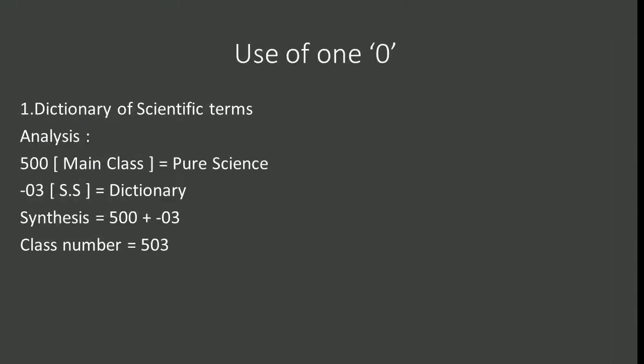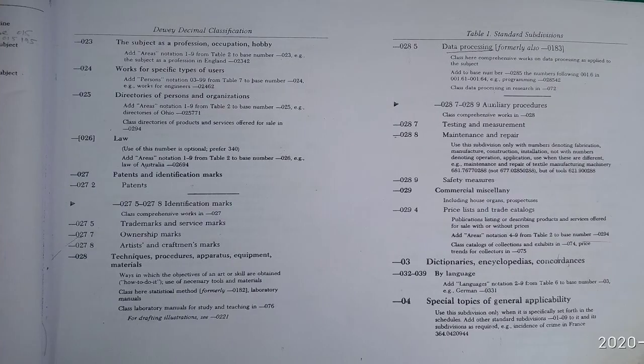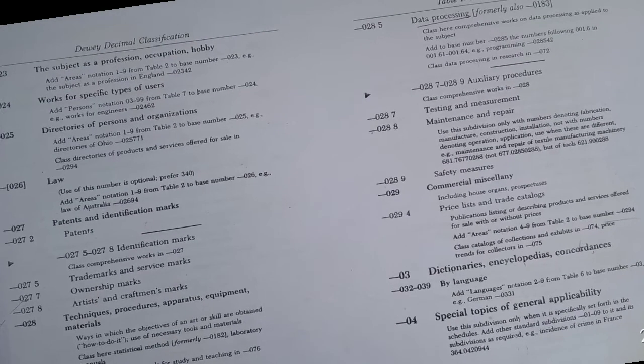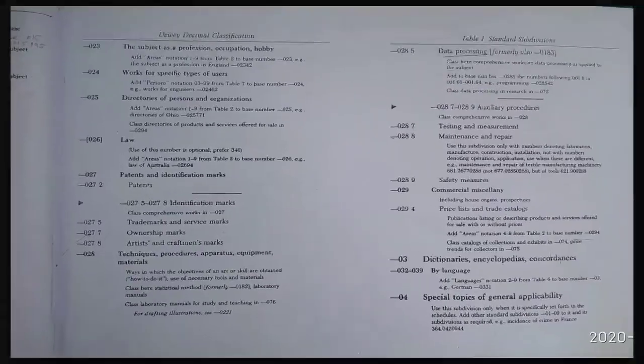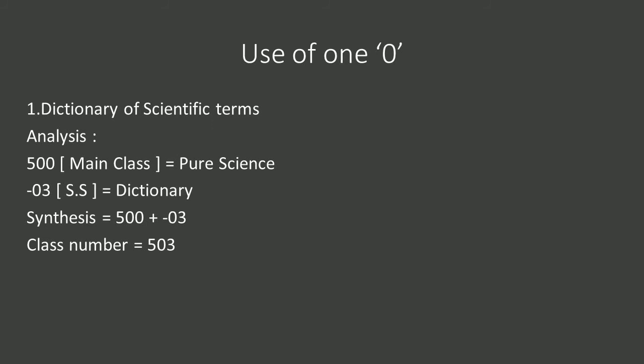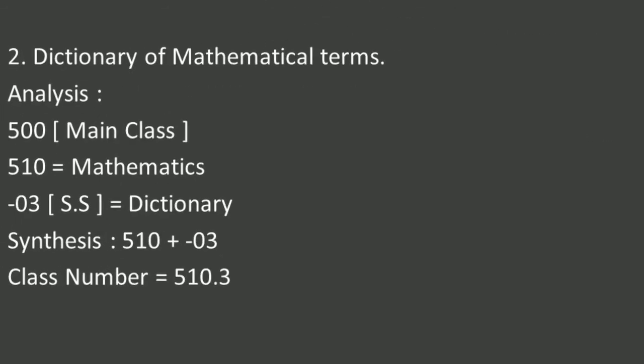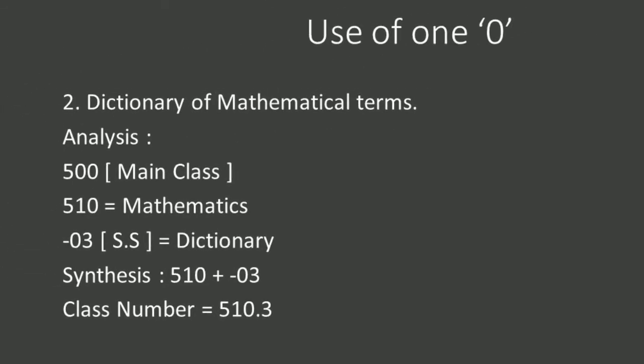Here we need the notation of dictionary, so we can take it from Table 1. I have taken the notation 03 from standard subdivision for dictionary, and for synthesis I have written 03 in square bracket SS, meaning standard subdivision, equals 0 sign, and the synthesis will be 510 for mathematics plus 03 for dictionary.